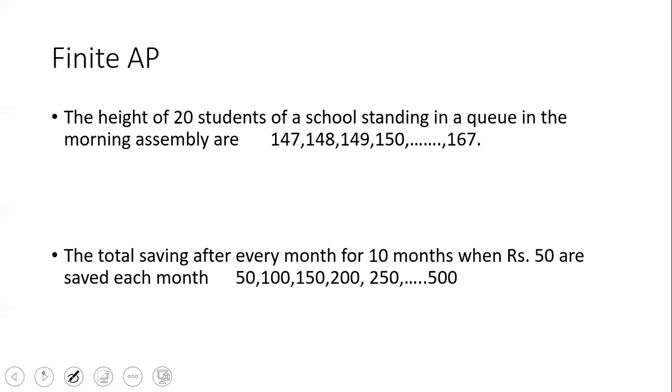The height of the last student is 167. So is the total saving after every month for 10 months, when rupees 50 are saved each month. On the 10th month, the total saving will be 500, because 50, 100, 150, 200, 250, 300, 350 till 500. So that's a finite AP.